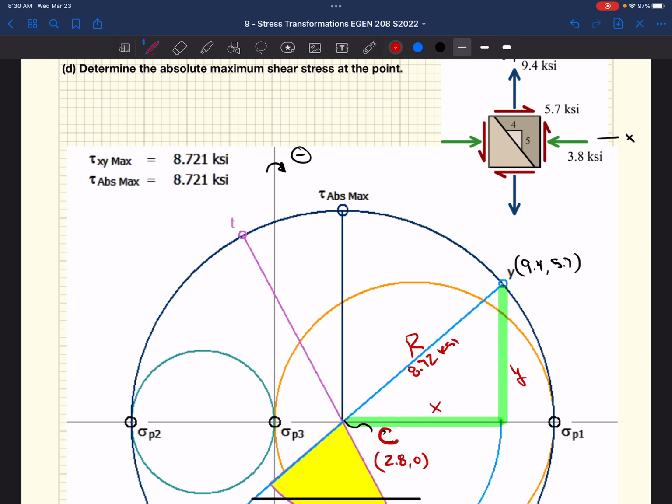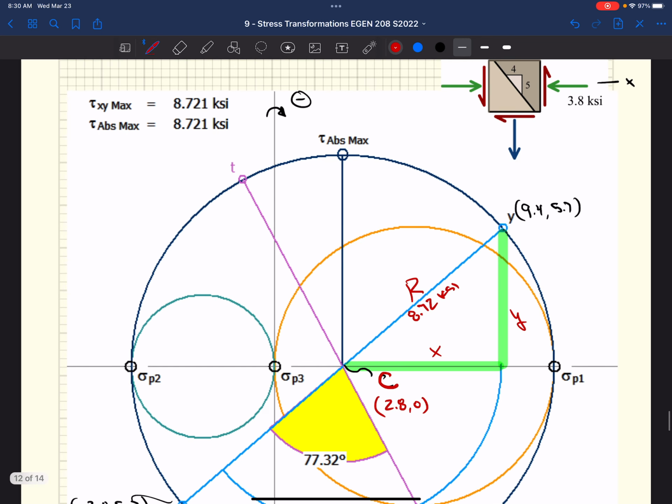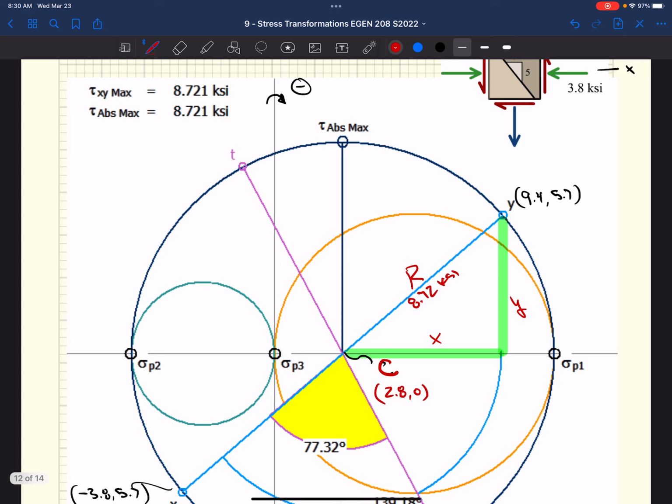Okay. The next part is, right, determine the principal stresses and the maximum in-plane shear stress acting at the point. And they want us to illustrate an element with rotation angle at the principal stresses. Well, if we looked at this, right, what are our principal stresses?